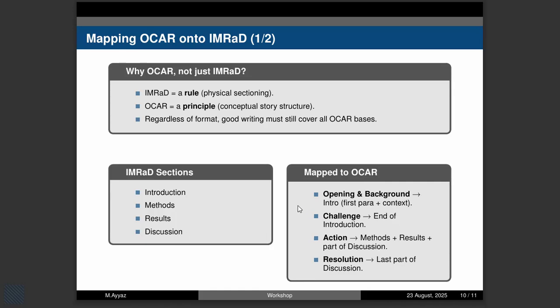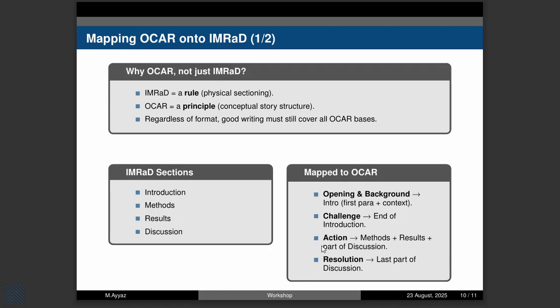So in the introduction of the paper, we usually find the opening and the background. We usually find the characters and the context of the story. And at the very end of the introduction section, you will observe the challenge that the author is addressing through their research work.